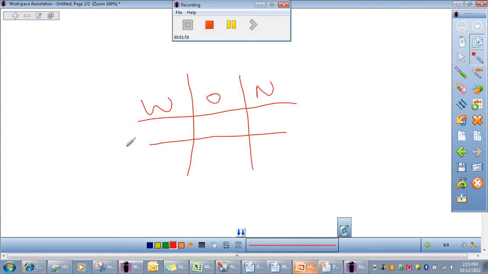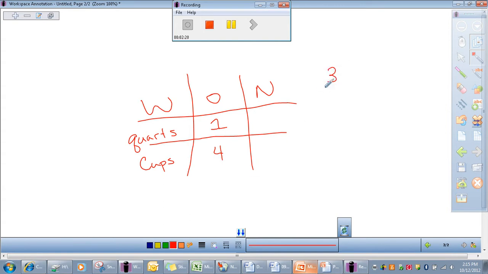And your words would be quarts to cups. Okay? And your original, you pull from that chart that you were looking at. So that chart said that for every 1 quart, there are 4 cups. And the question said, for 3 quarts, how many cups do you have?